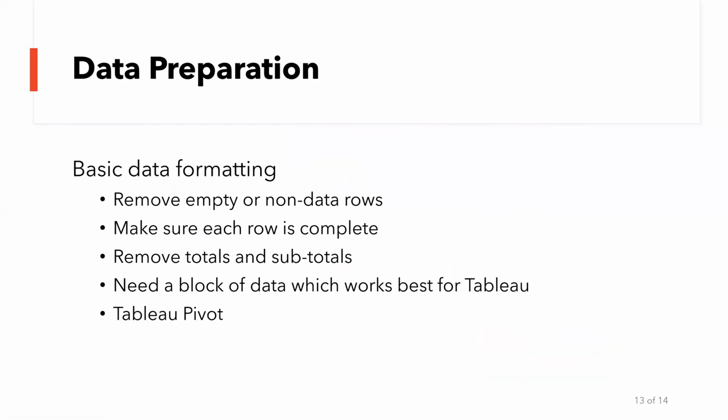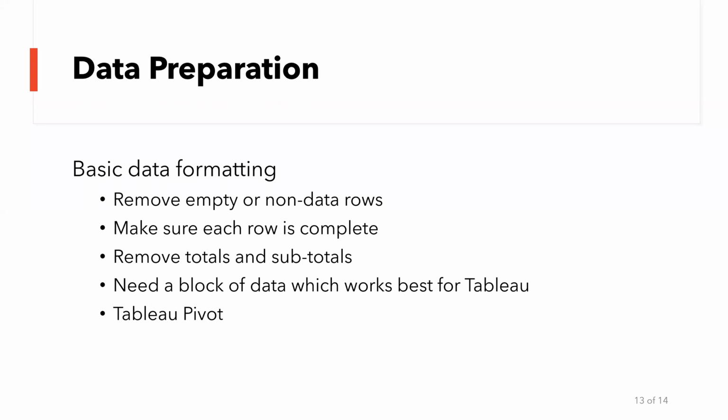Okay, so in data preparation, basic data formatting, you really need to remove any empty rows or non-data rows, or make sure each row is complete. Remember, if you had a question mark in there, or the tilde, or an NA, or a null, you want to clean up that data.